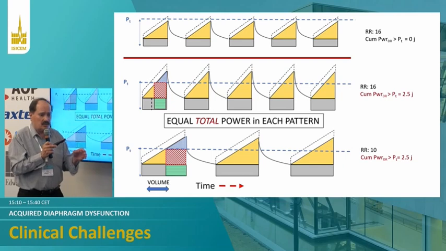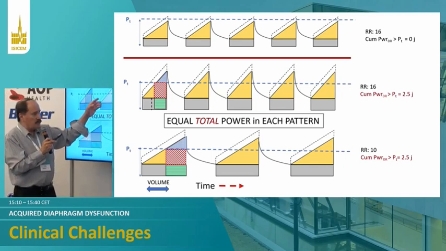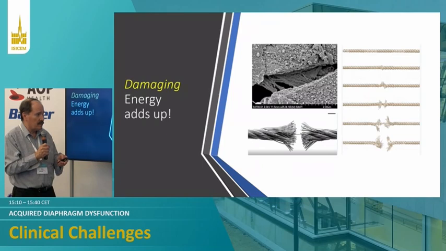I don't want to get too hung up on all the details, because the threshold pressure is going to vary depending on your position in the lung, and the fragility of the lung you're dealing with. But in concept, it's not the entire power that you're talking about, it's the damaging power.